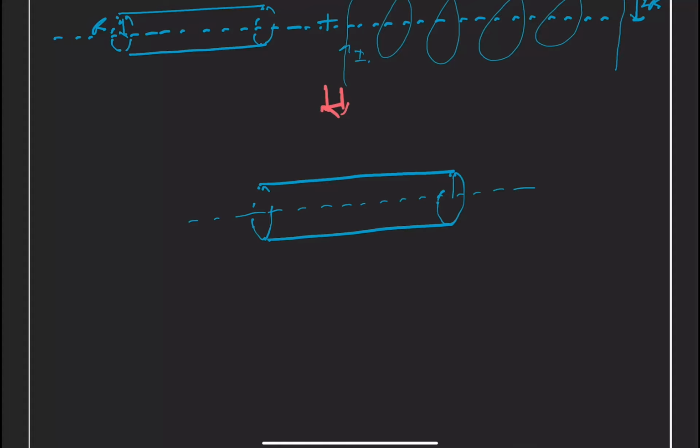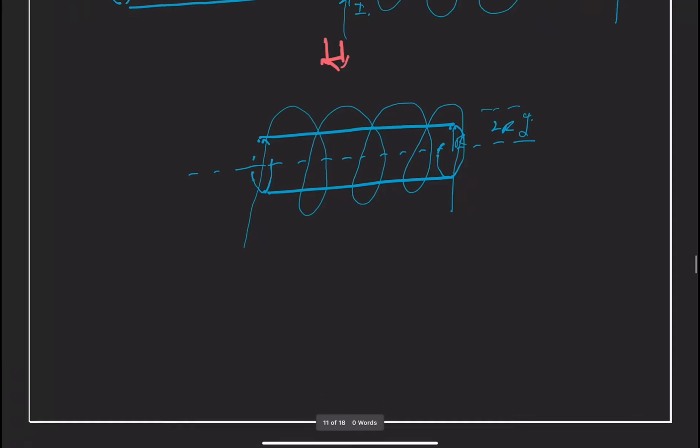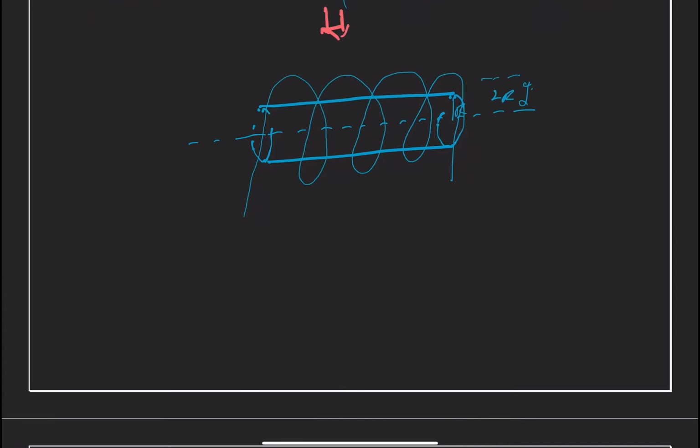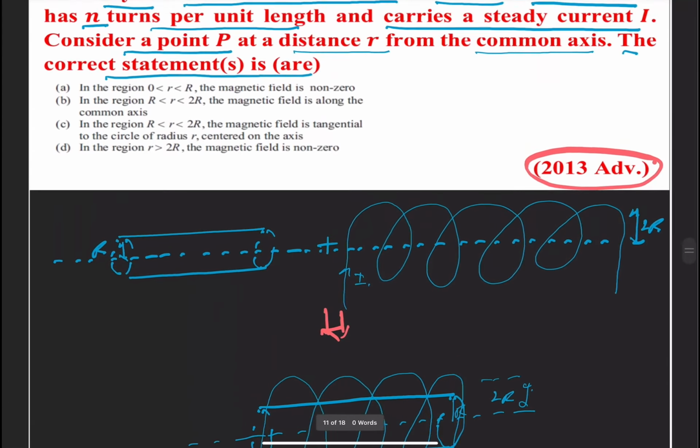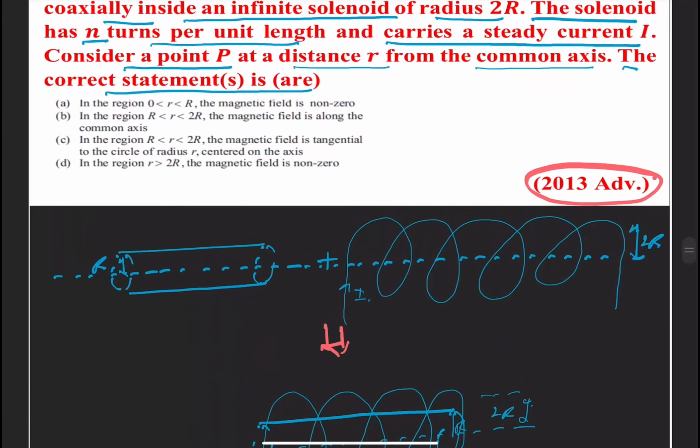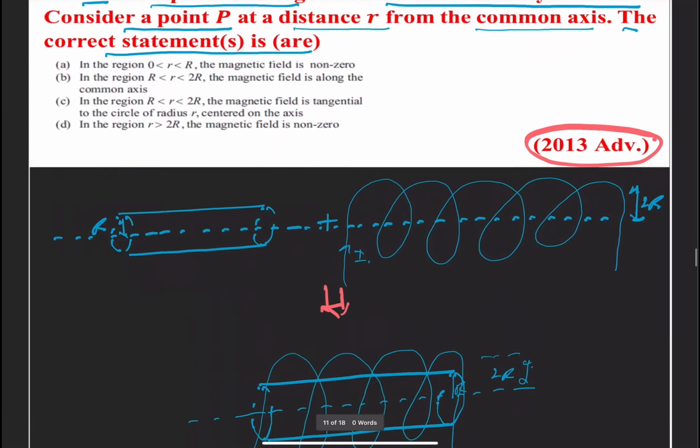So this is our R, and the solenoid will be something like this, such that its radius comes as 2r, and it carries a current of I. Now it says to consider a point P at a distance r from the common axis.